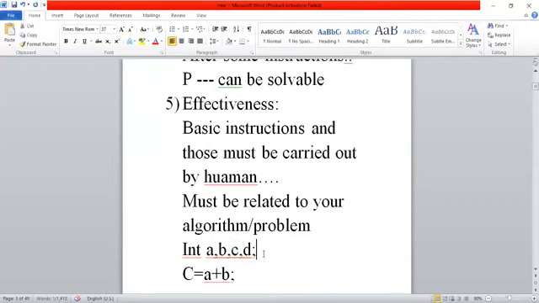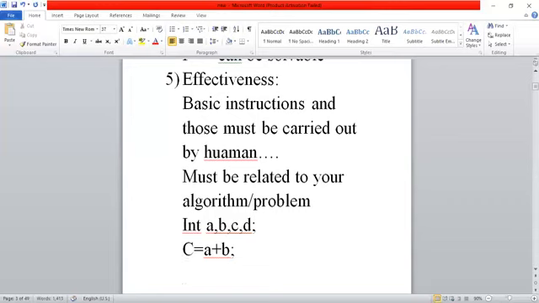Not only this, some statements may be unnecessarily included. Suppose the aim is the program for adding two numbers, but you also included d equal to a minus b. What is the use of this statement? Our target is adding two numbers, but unnecessarily we are including subtraction of two numbers. This is not required here. My intention is that, whatever problem is given to you, you have to include only the instructions related to your problem, program or algorithm.